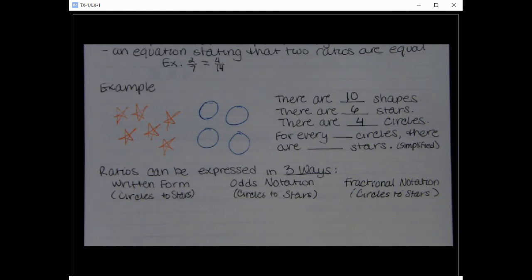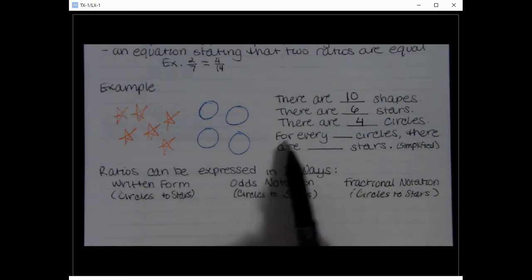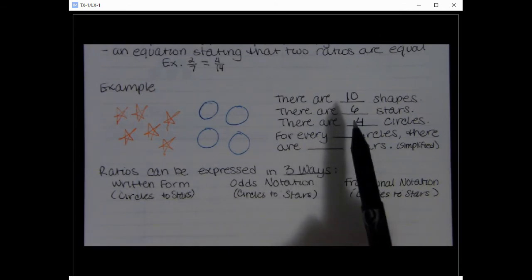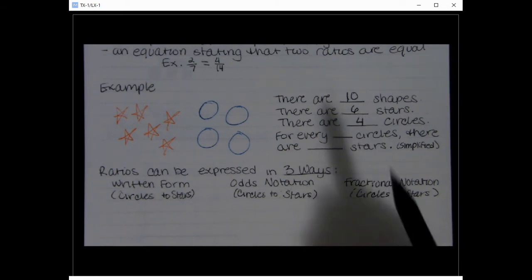We're going to take what we have with that, and then we're going to put it as a ratio. So an example for that is, for every certain amount of circles, there are a blank amount of stars. Before, we said that there were 4 circles and 6 stars.